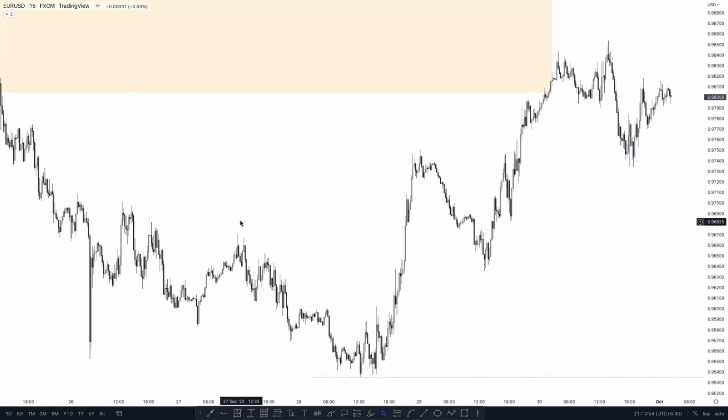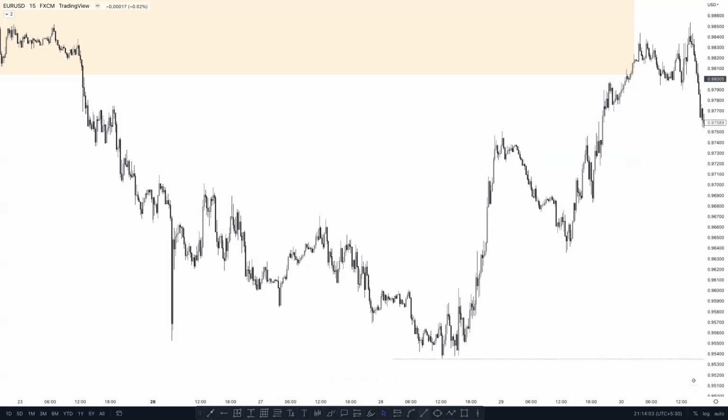Okay, so first of all, look at the previous structure, which is our last structure before the market went higher. As you can see, this was our previous low, here, right?